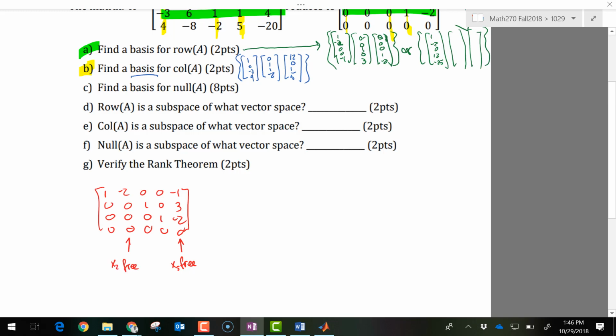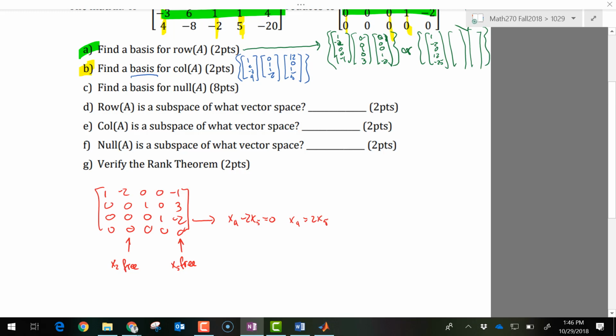And then you just find the relationships between all of them. So from here, you get x4 - 2x5 = 0, so x4 is equal to 2x5.